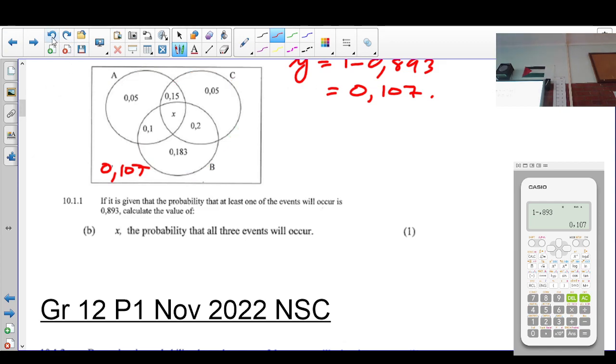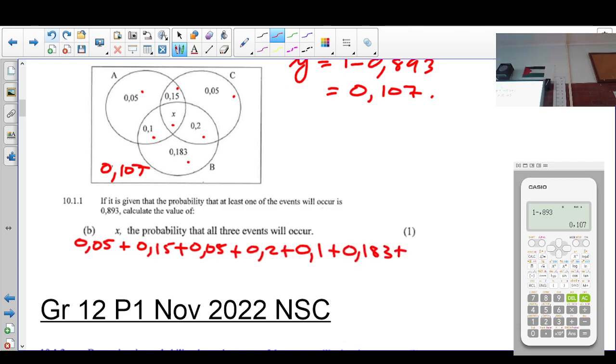So we say 0.05 plus 0.15 plus 0.05 plus 0.2 plus 0.1 plus 0.183 plus x is equal to 0.893.